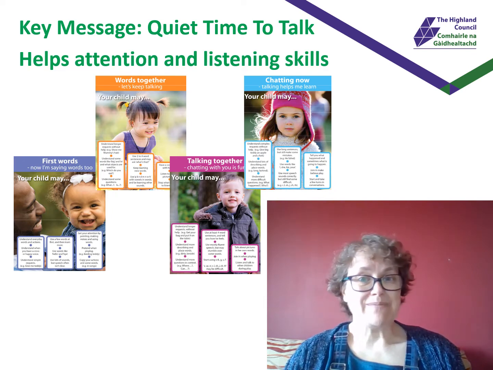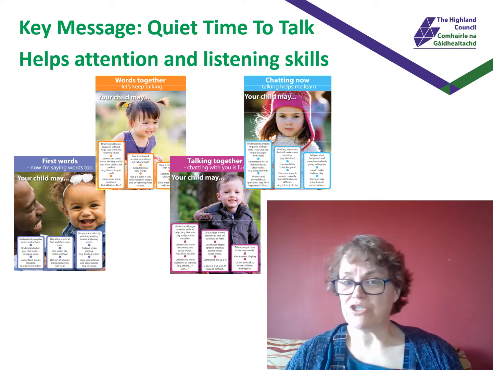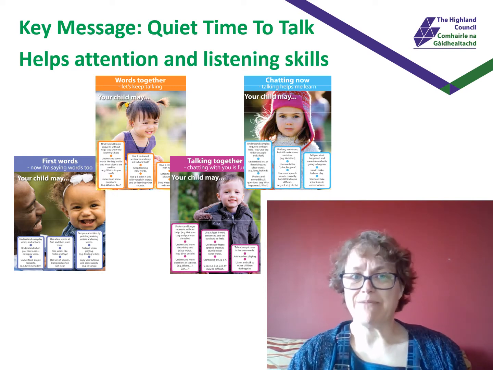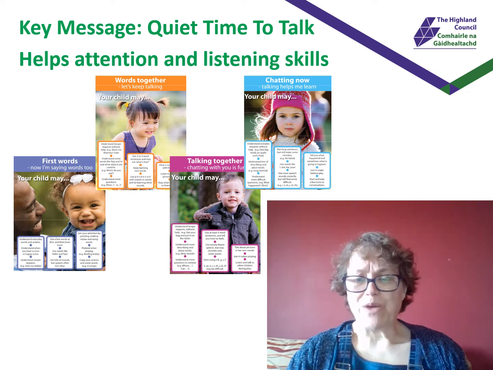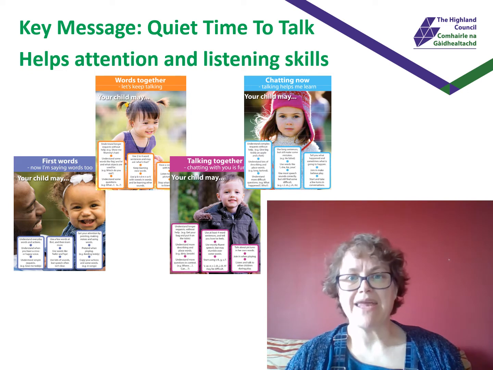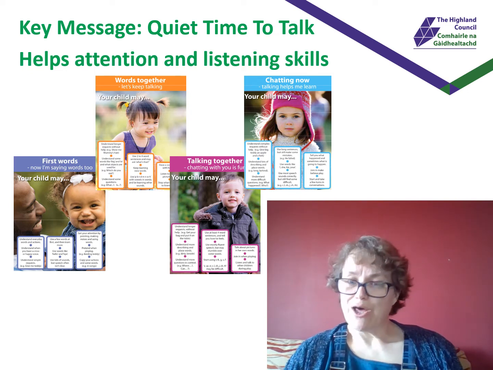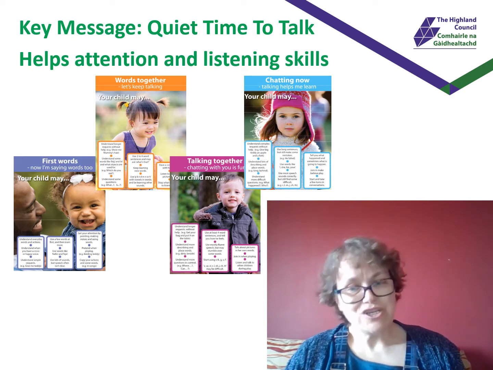So we're expecting a 3-year-old really only to attend to things for about 3 minutes, or a 2-year-old for only about 2 minutes. And we can extend that by some of the things that we do. We can extend it by changing the way that we interact and adapting the environment. But if we think about a typical toddler at home or an early years setting, if you watch them, they do flit around.